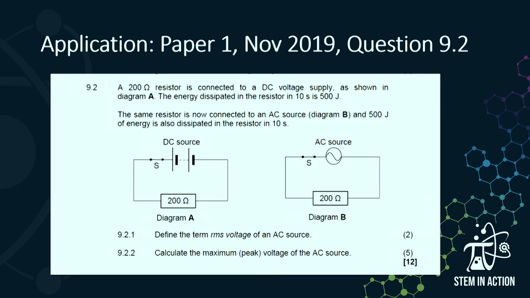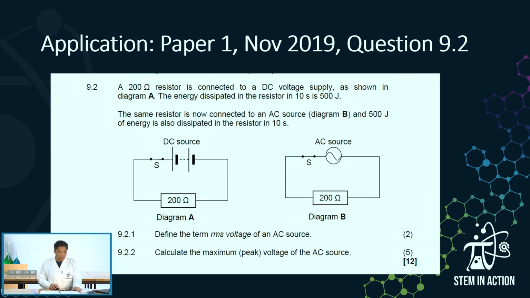So let's go and see how all these terms, concepts, graphs, and equations can be asked in a typical exam question. So for this application section, we will consider paper 1, November 2019, question 9.2. In question 9.2, it reads, a 200 ohm resistor is connected to a DC voltage supply.